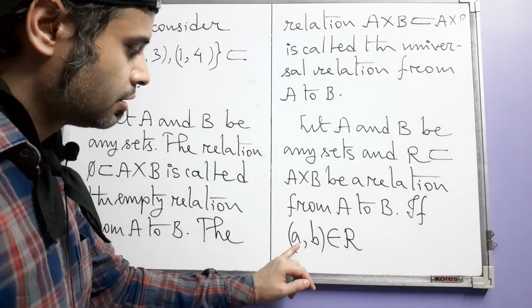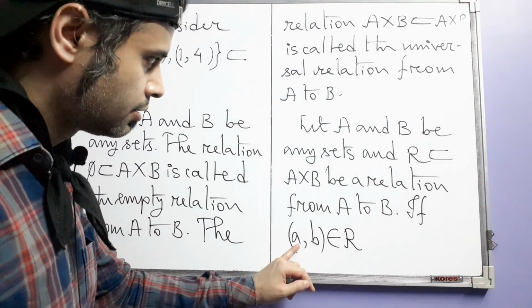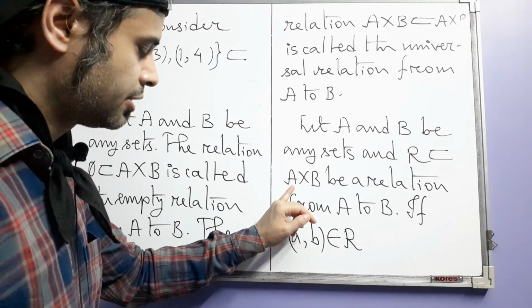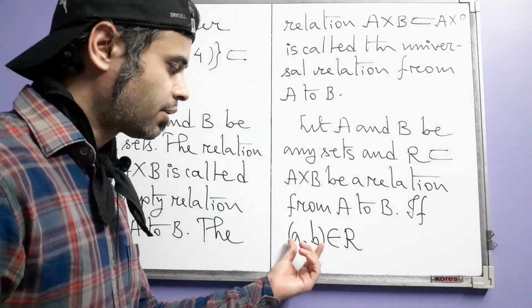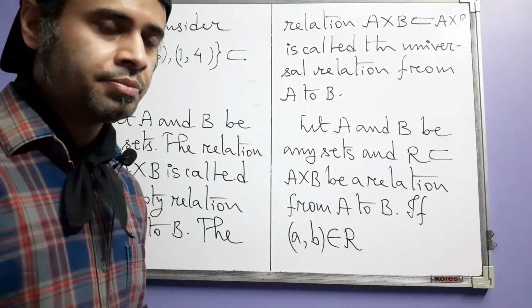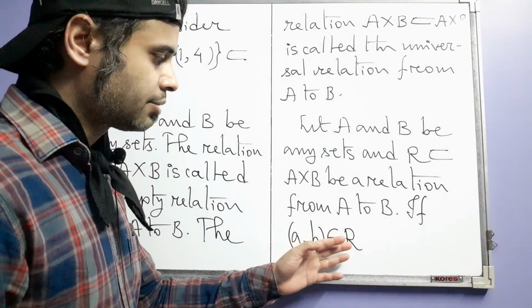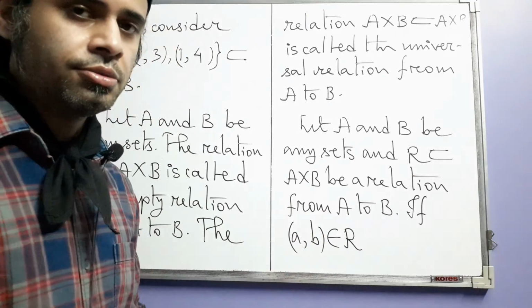This means that the first coordinate small a is an element of A and the second coordinate small b is an element of B, and they form an ordered pair which belongs to R. In other words, R relates a to b.